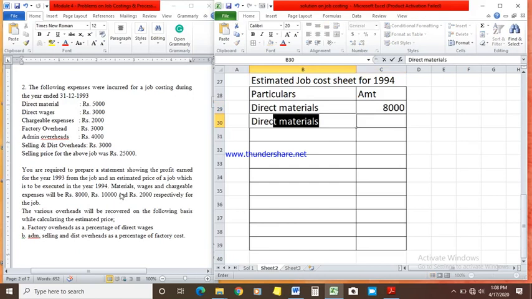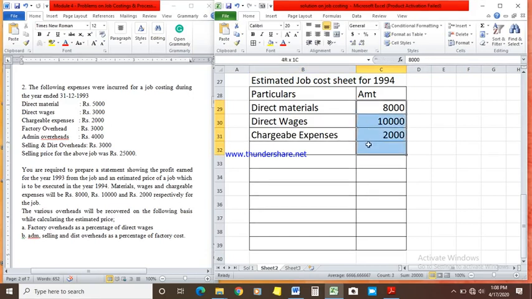Then you are given direct wages, that is 10,000. Then you are given direct chargeable expenses. So I'll write here chargeable expenses, that is 2,000. So that comes to 20,000 prime cost.